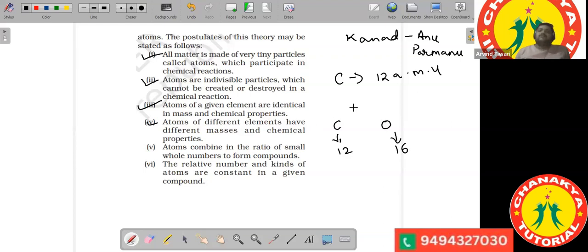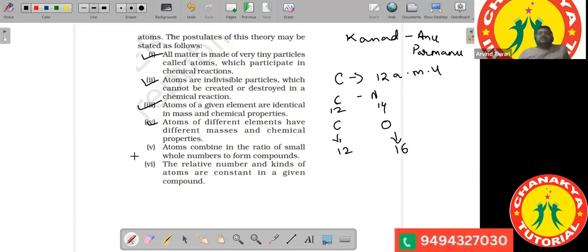Whatever different elements you take, their atomic masses will be different. For example, carbon has atomic mass 12, nitrogen has atomic mass 14. So atoms of different elements have different masses and chemical properties, and atoms of the same element will be similar in their mass and chemical properties.